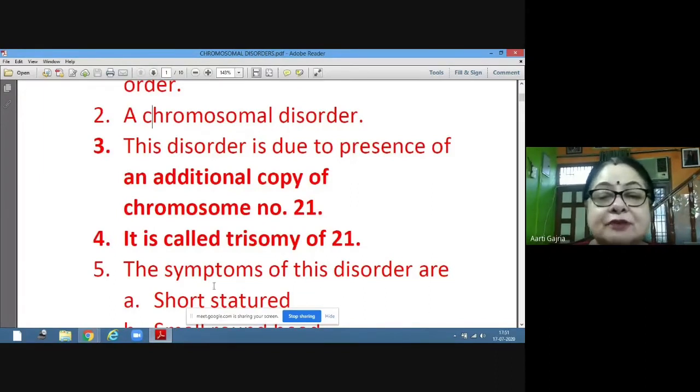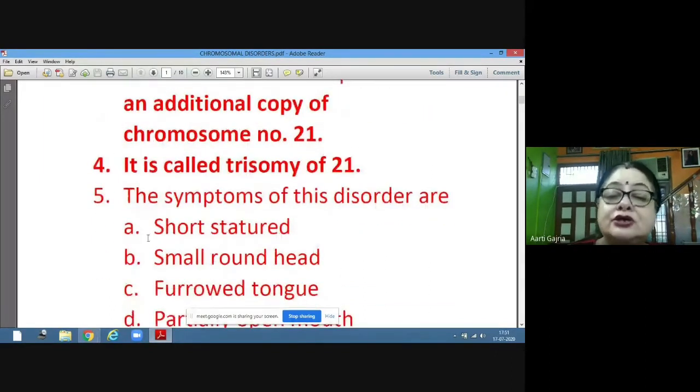The symptoms of this disorder are short stature and a small round head. Basically, if the chromosome numbers are more or less, the IQ of that child is low, and mental retardation is the common problem.